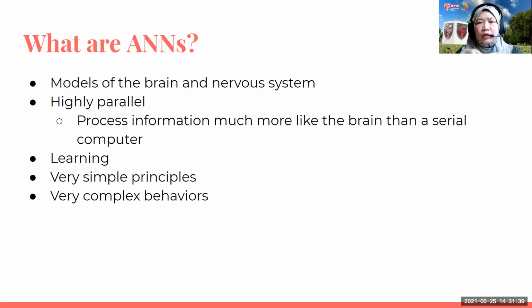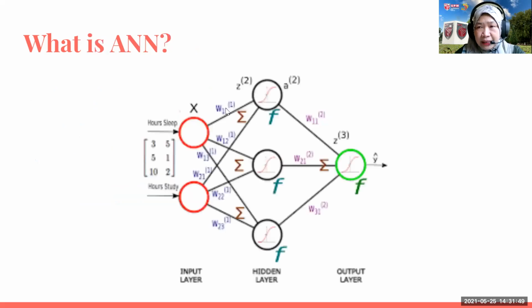The more the synapse is activated, or in terms of ANN, if the weight value is bigger, near to 1, because we have a range of 0 to 1, let's say 0.97, then this weight value is very high, meaning that this line is activated.